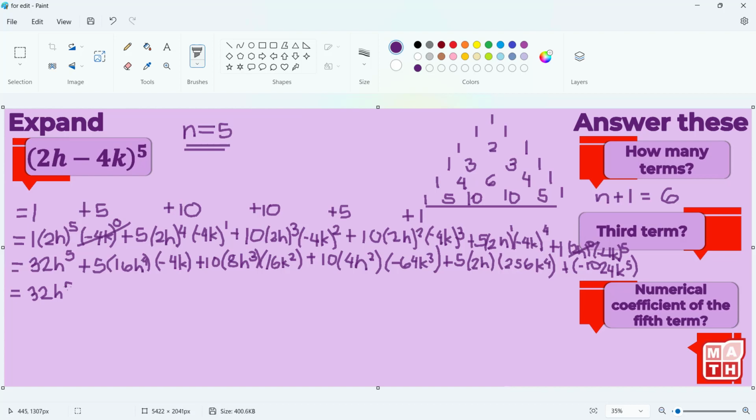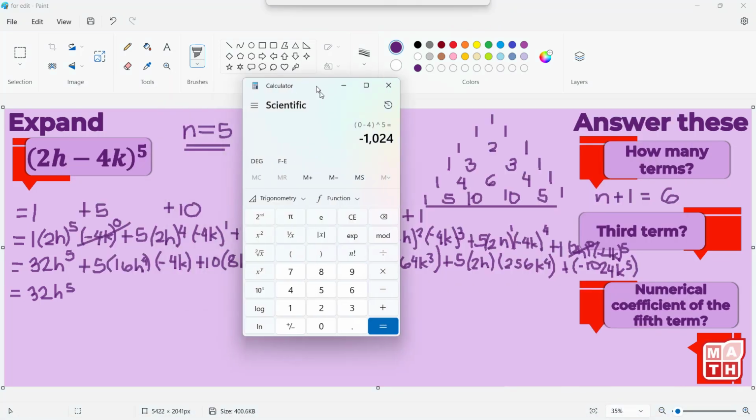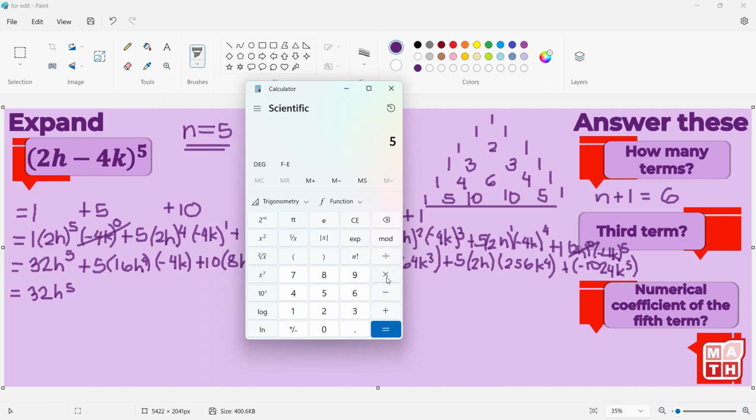32h to the power of 5. And here's the change. Earlier it was all pluses, but if you have a negative sign here, the signs would be alternating. So you have positive, you expect to have negative here because you have 5 times 16 times negative 4, right?